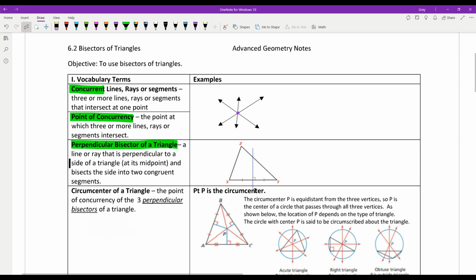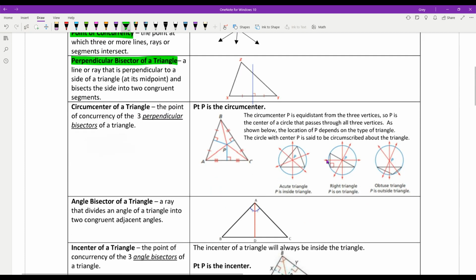So a perpendicular bisector bisects the side and is perpendicular to the side at its midpoint. We could have one per side, and that would be 3 perpendicular bisectors, and they will have a point of concurrency. Their point of concurrency is called the circumcenter of a triangle.